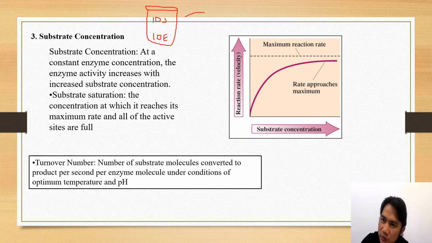As the concentration of substrate increases, the activity also increases. You add one substrate, activity increases. You add two, three, 4, 5, and 6 substrates, the reaction rate increases also, as shown in this graph. As you keep on adding substrate, the reaction rate increases.